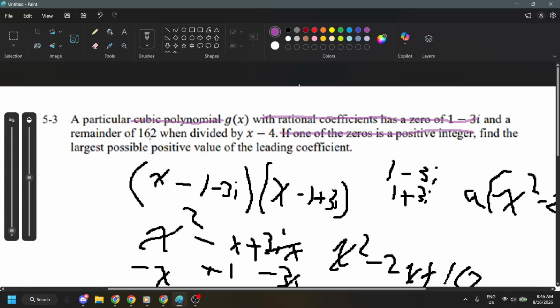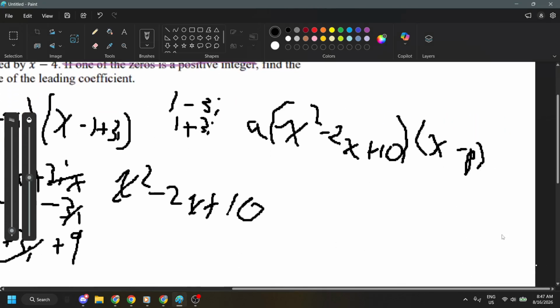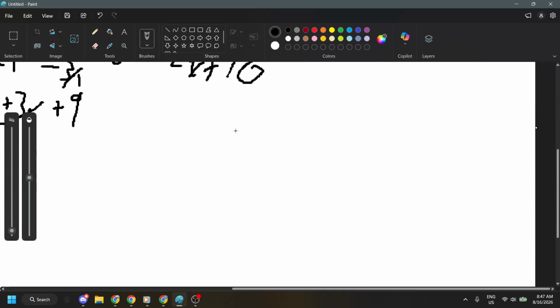We just need to do this part where it's the remainder of 162 when we divide it by x minus 4. Okay, so we need to divide this by x minus 4. The issue is we have two possible values, but we just need to maximize one of them, so it doesn't even matter. Okay, so let's try this.